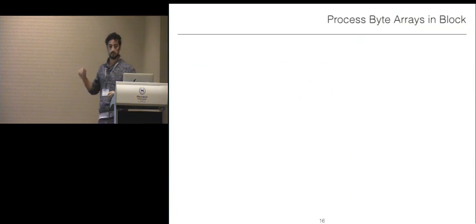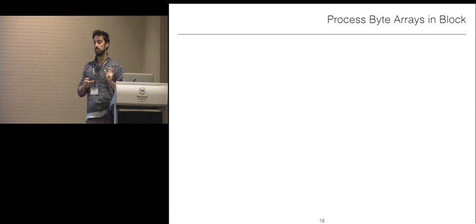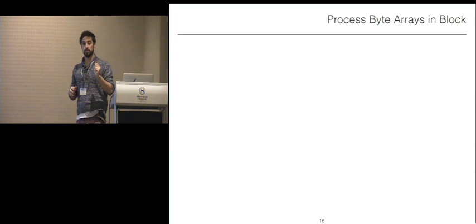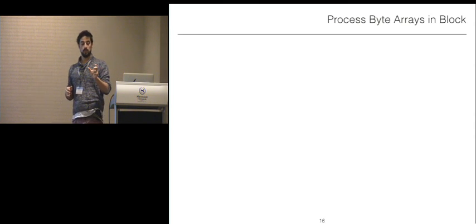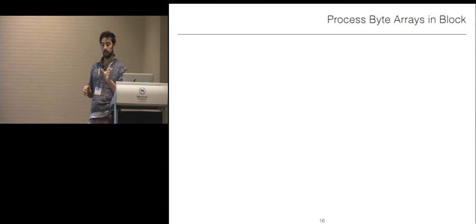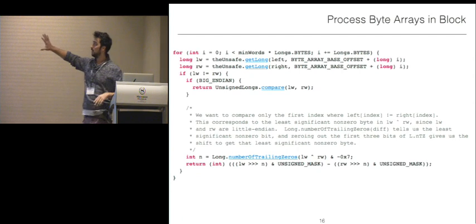So first we have a pattern called process byte array in blocks, and the idea here is that when you have to process an array, instead of doing it byte per byte, you do it 8 bytes at a time with a long, let's say. So how does this work? This is an excerpt of code.